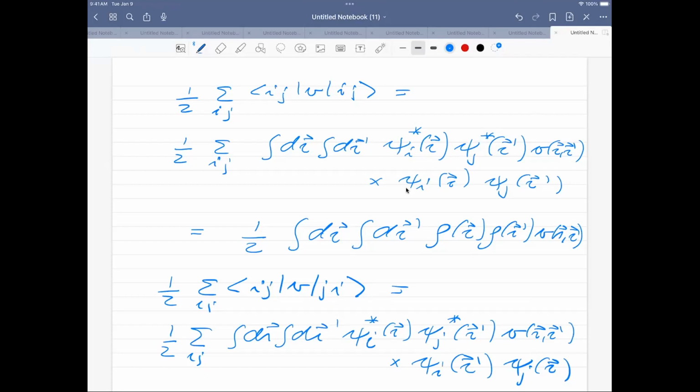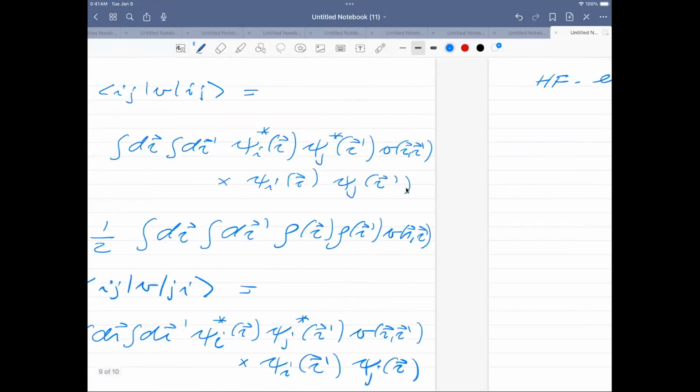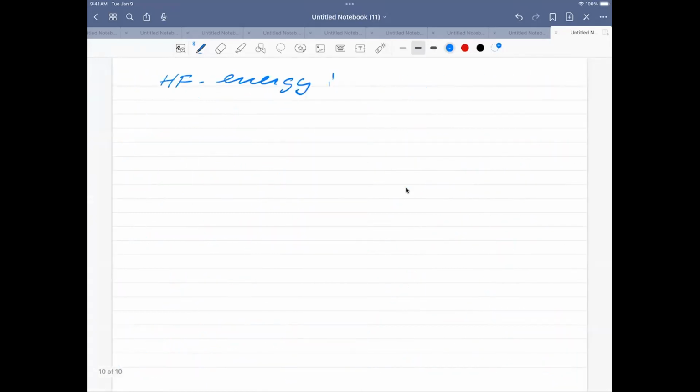Now, if we also look back at what we did with Hartree-Fock theory, the energy, this same energy which we wrote up here, which we can label as E0 Hartree-Fock, we can rewrite in terms of the Hartree-Fock energies.